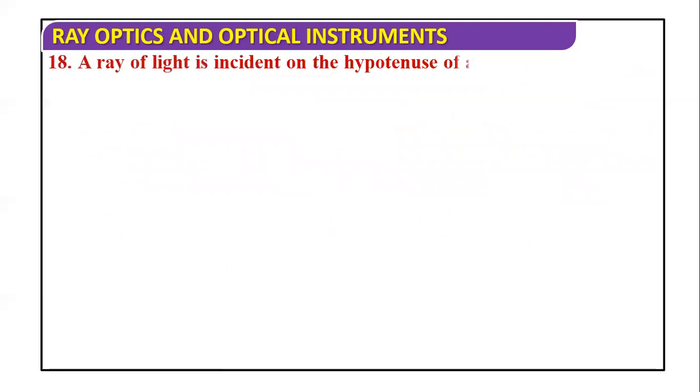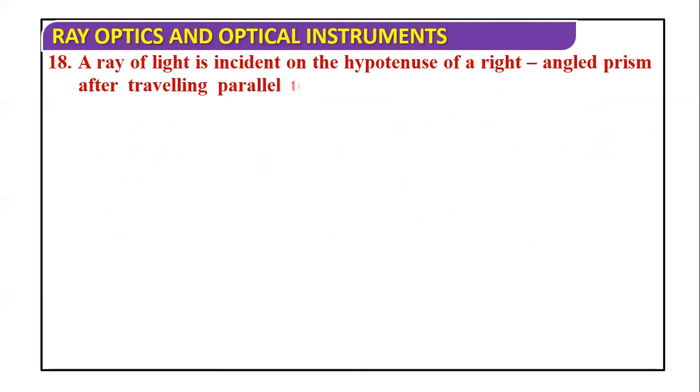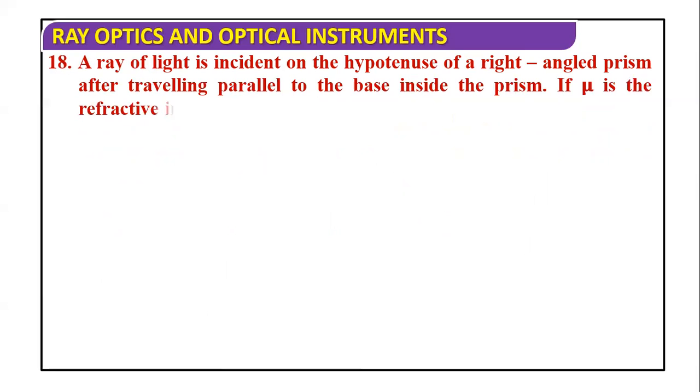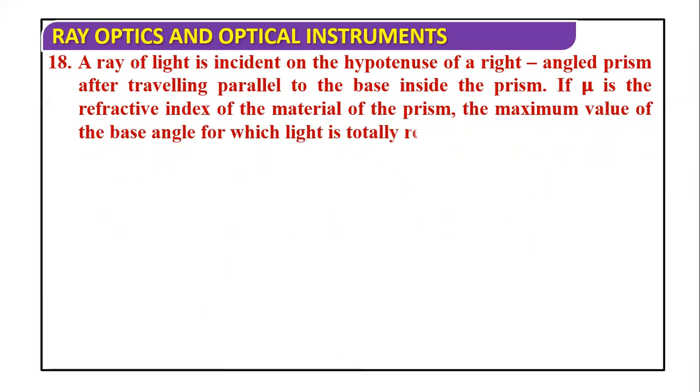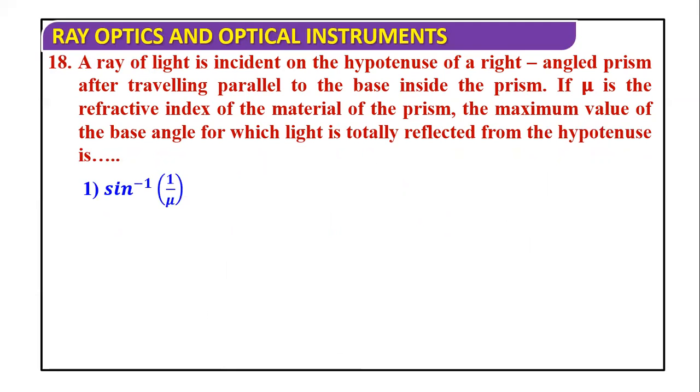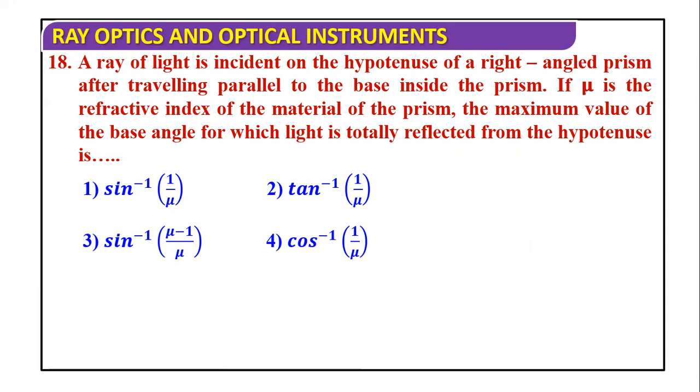Next question. A ray of light is incident on the hypotenuse of right angle prism after traveling parallel to the base inside the prism. If mu is the refractive index of material of prism, the maximum value of base angle for which light is totally reflected from hypotenuse is.